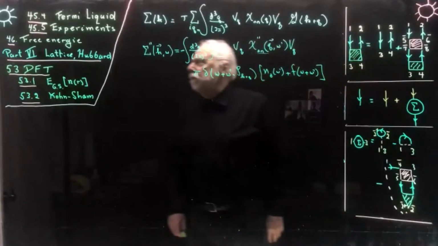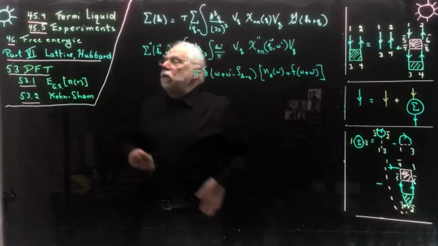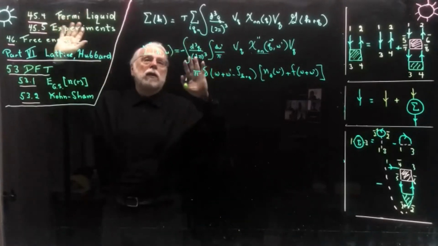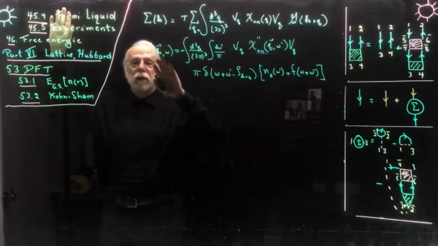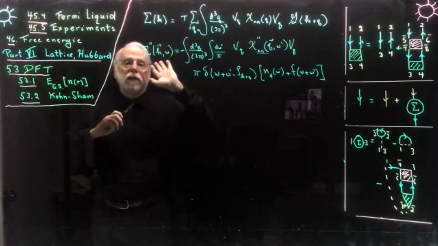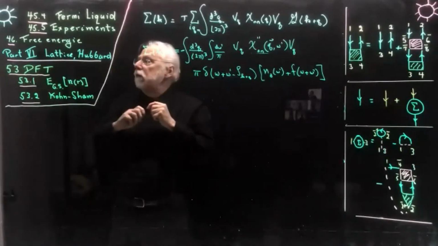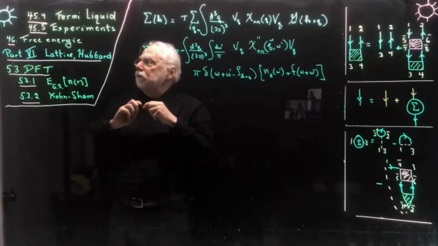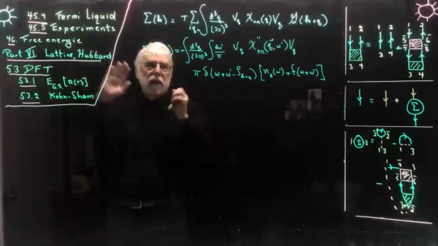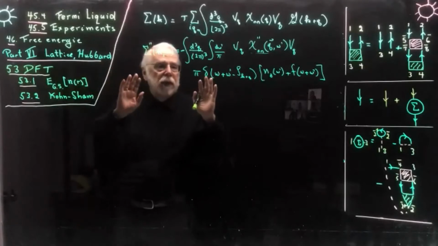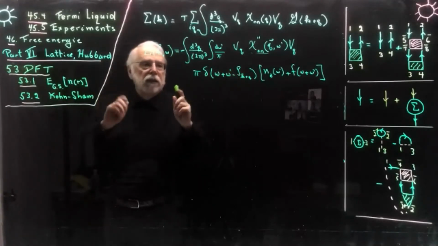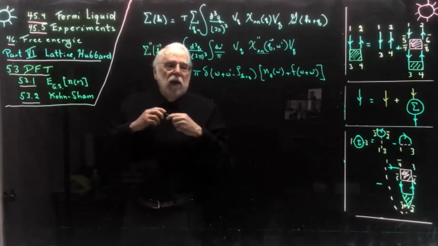So, today we will finish. Starting from this, I will show you what we mean by Fermi liquid behavior for this self-energy and how it comes out. Then I will show you some experiments to make the contact between all these calculations and what is observed.